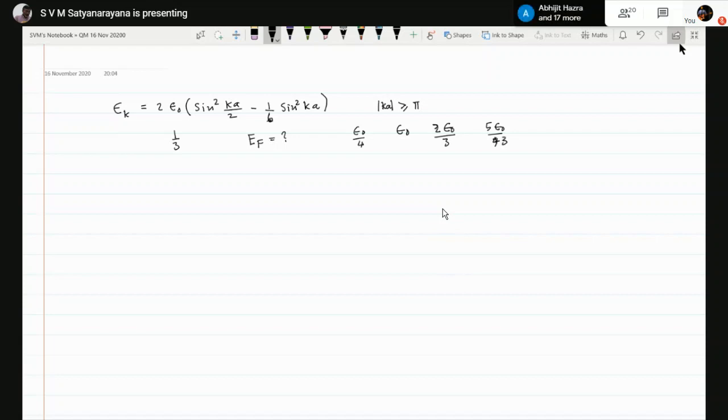So before you said this dispersion relation, there was one sentence. Can you read the sentence again? The electron dispersion relation for a one-dimensional metal is given by... a 1D metal, one-dimensional metal.